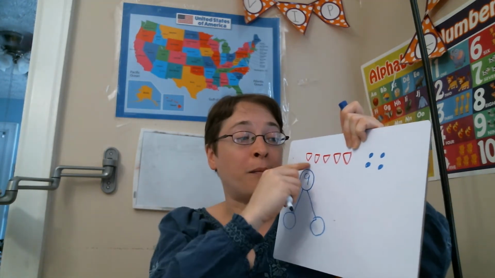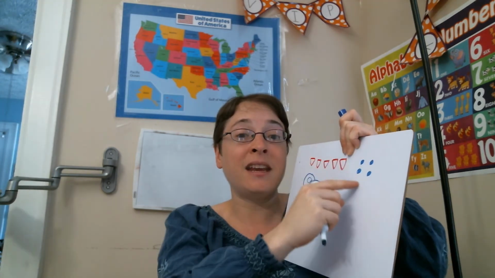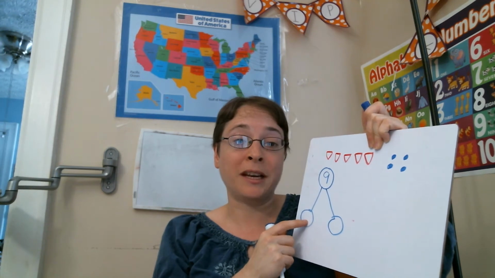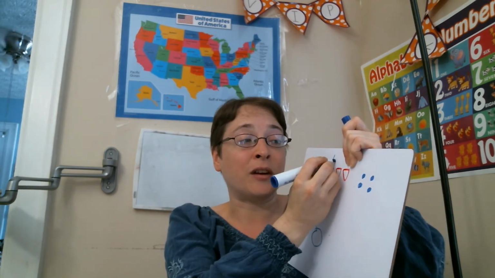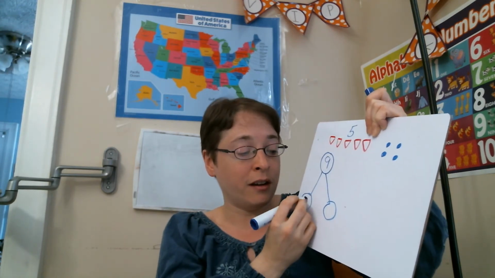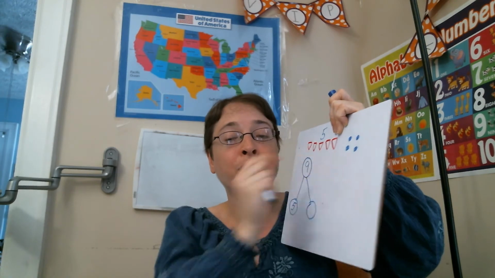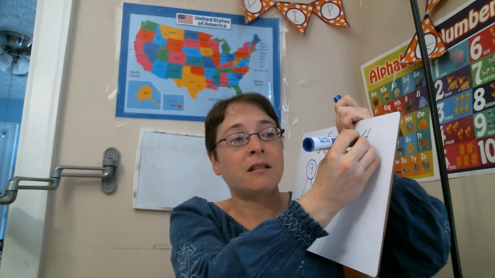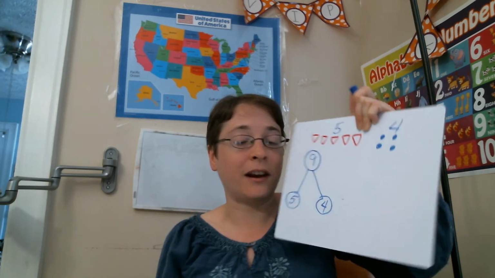We put how many strawberries and how many blueberries. So how many strawberries? 5. So I'm going to put the number there and the number there. How many blueberries? 4. And then I'm going to put it there.